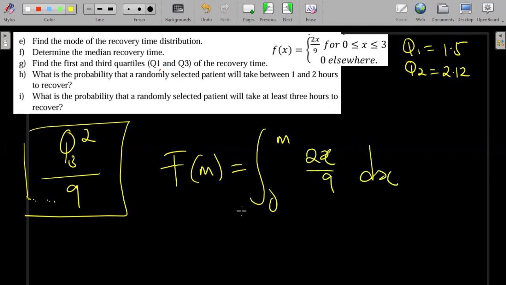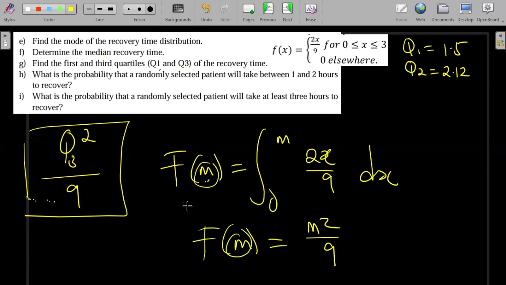When we evaluated this, we found our CDF was m squared over 9. I put m because I was finding the median. Now when you're finding Q3, just replace this m with Q3, here and here. That's what you are seeing there.